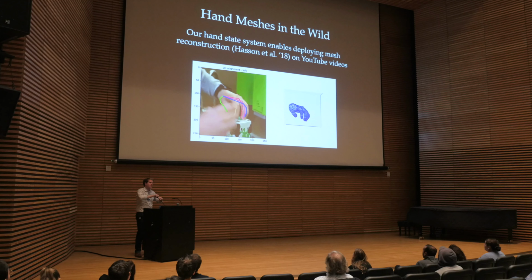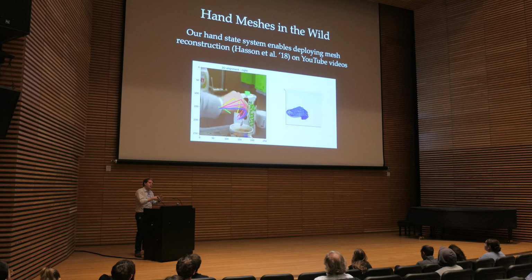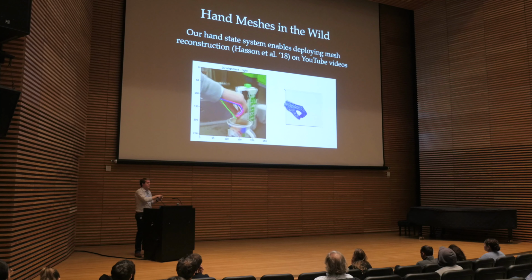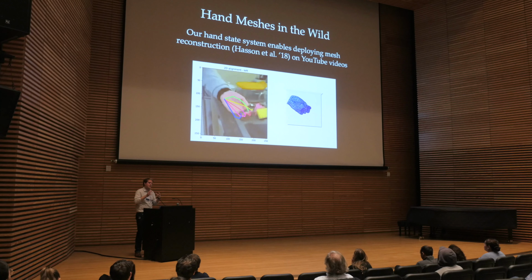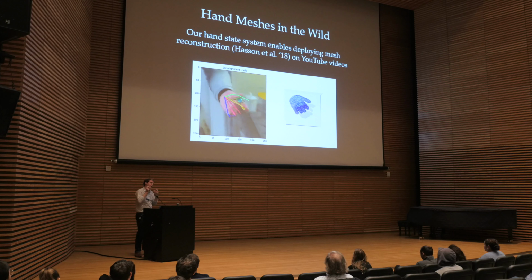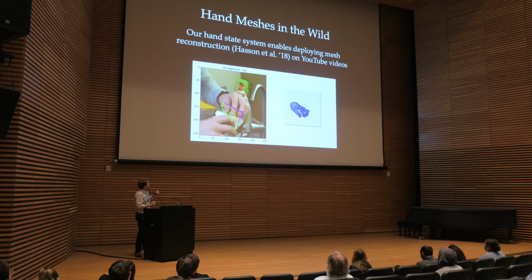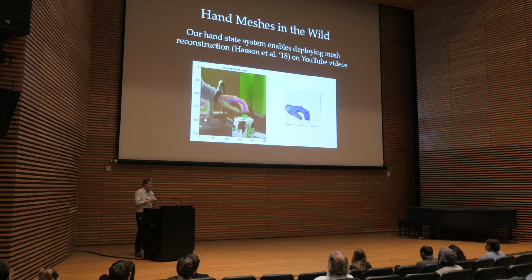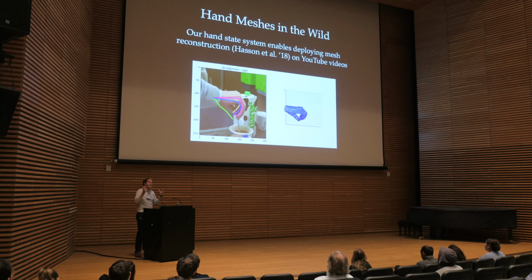Here's a system from some of my collaborators at INRIA, which essentially reconstructs the mesh of the hand. Because our system is able to reliably detect hands and also their state, and there's also a system which can determine whether the mesh system works or not, we can generate enormous amounts of large-scale data of just hands doing stuff.